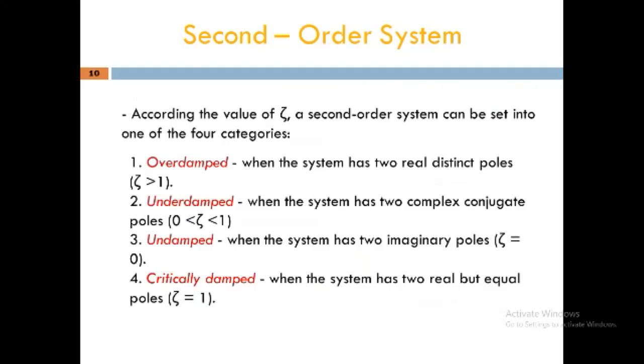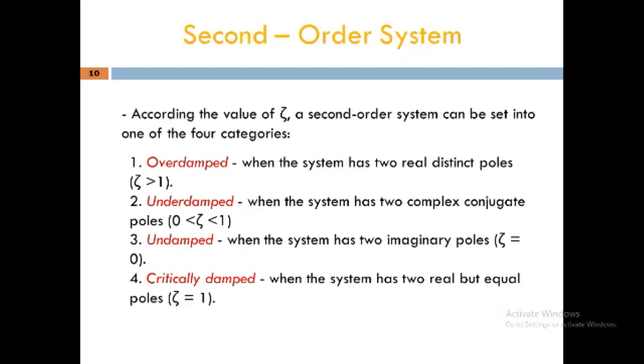According to the value of sigma, a second order system can be set into one of 4 categories. The different categories are underdamped system, overdamped system, undamped system, and critically damped system. In case of the underdamped system, the system has 2 complex conjugate poles, and the value of sigma lies between 0 and 1.